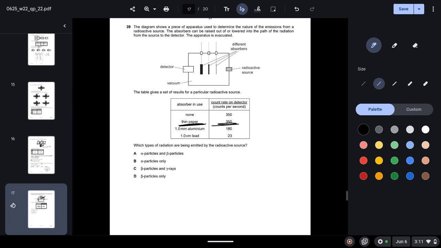Thin paper only affects alpha particles, and since there was no change in the count rate, that means alpha particles are not present. When we put aluminum, we saw a decrease in the count rate, which means that beta particles are present, and when we put 1 centimeter of lead, there was a huge decrease in the count rate, which also means that gamma rays were present. So no alpha particles but beta particles and gamma rays, so C is your answer.